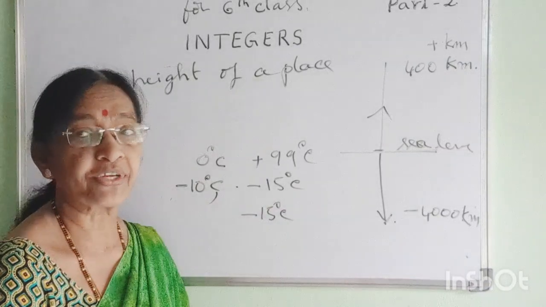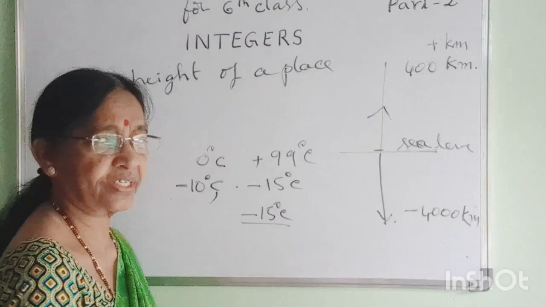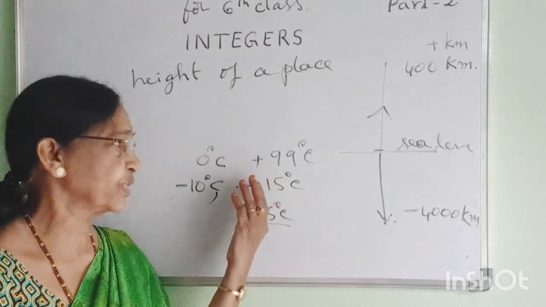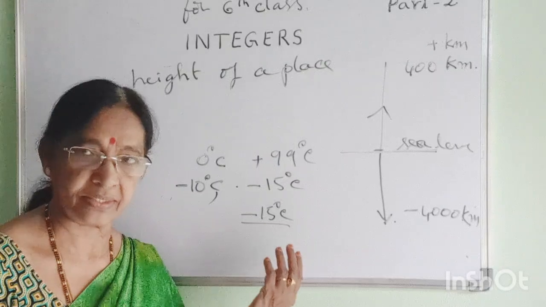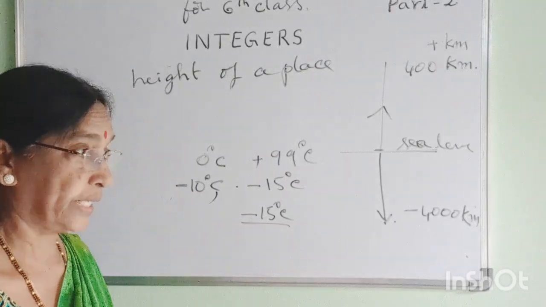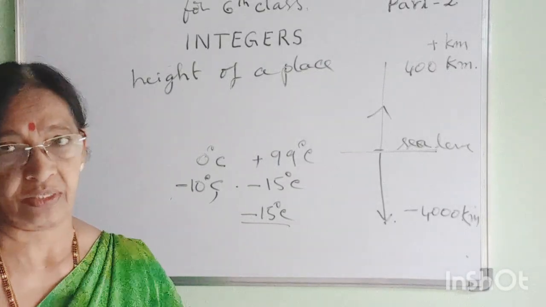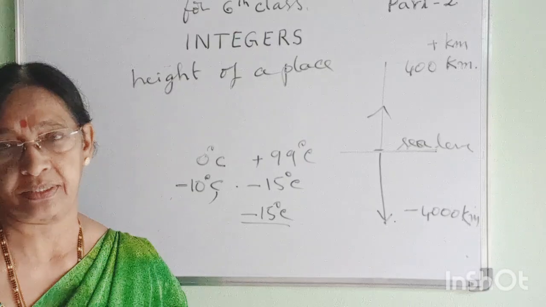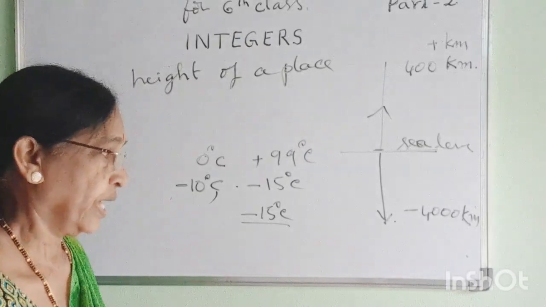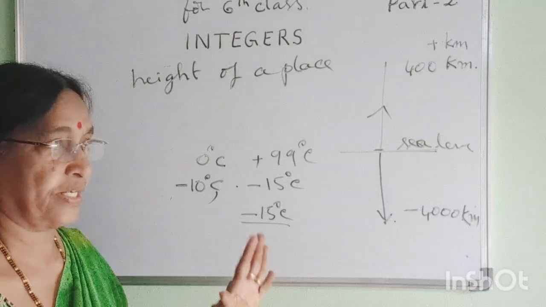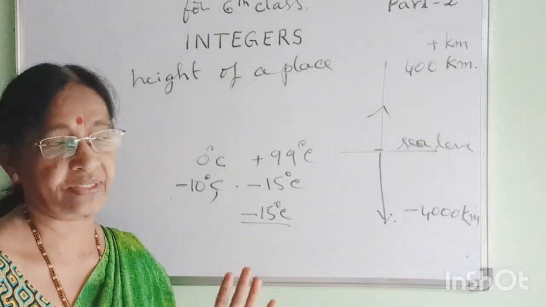That is a freezing mixture. Like that, different substances are below 0 degrees centigrade and their temperatures are given in minus degrees centigrade. Like that, profit and loss. Profit is measured in plus and loss is measured in minus, negative numbers. Thus, the integers are directed numbers.